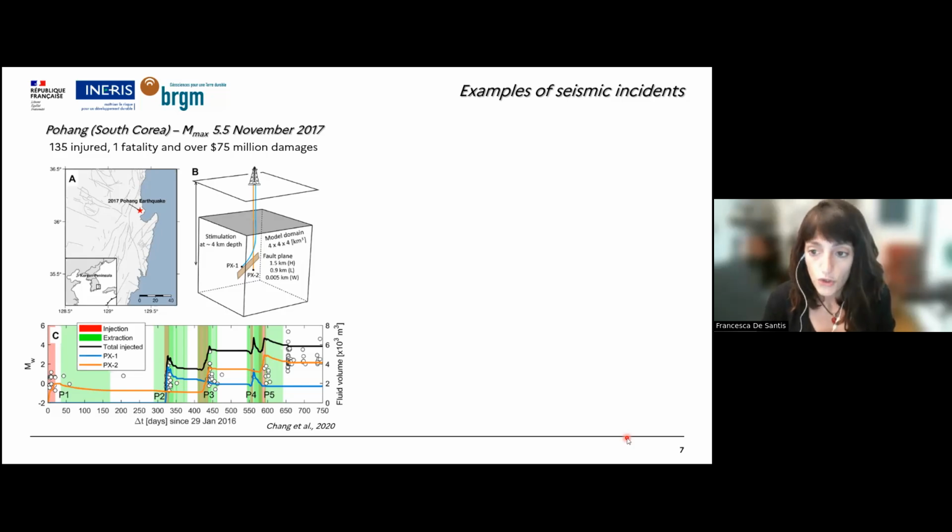This is the largest, so far, seismic event related to deep geothermal operation, a magnitude 5.5, which occurred after several stimulation operations in the deep wells of the project, and which caused several injuries, 1 fatality, and more than $70 million of damages. After this event, the project was stopped.